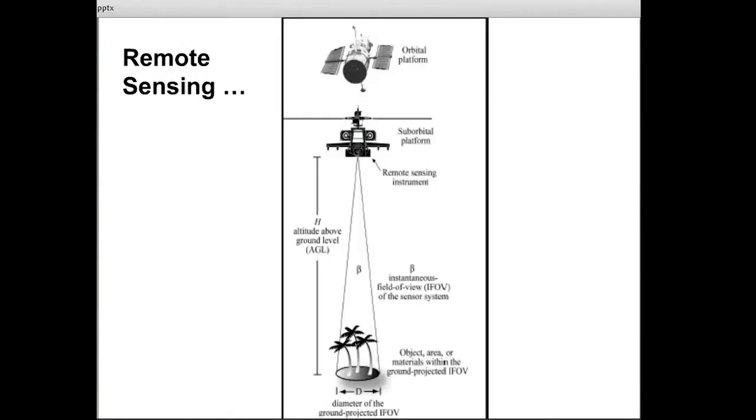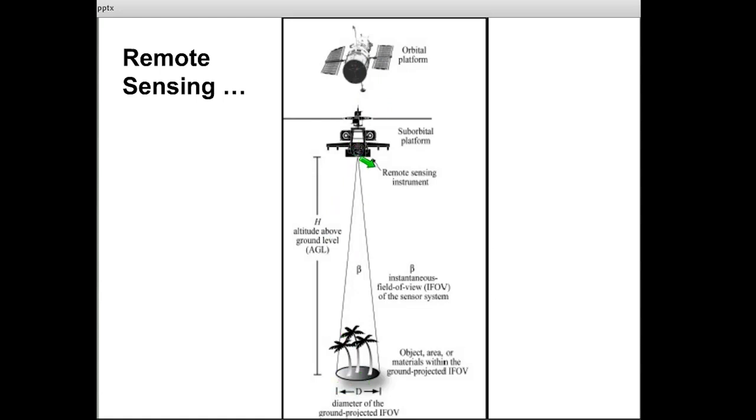Looking more into detail and going into satellite things, a remote sensing instrument again collects information about an object or event within the instantaneous field of view. In this picture, what you see is an object sitting on the earth, which is some vegetation, and then you have a remote sensing sensor installed or located on a suborbital platform like an aircraft, or a spacecraft like a satellite, looking down.